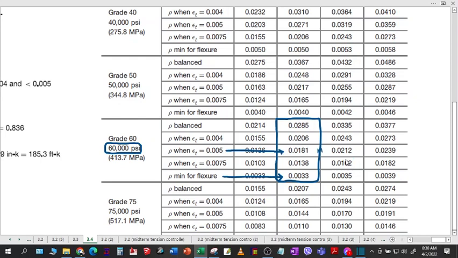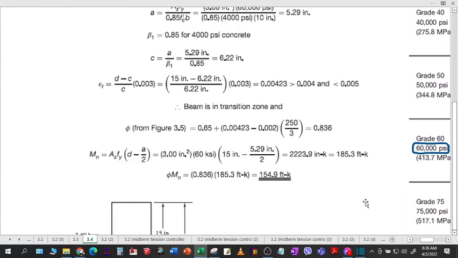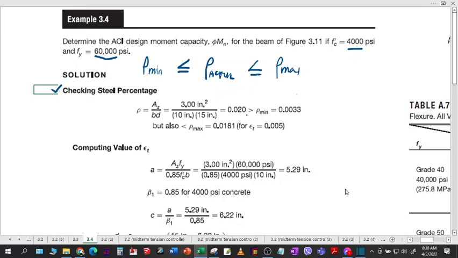This will be your maximum and this will be your minimum. So going back here, the minimum is 0.0033 and the maximum is 0.0181.